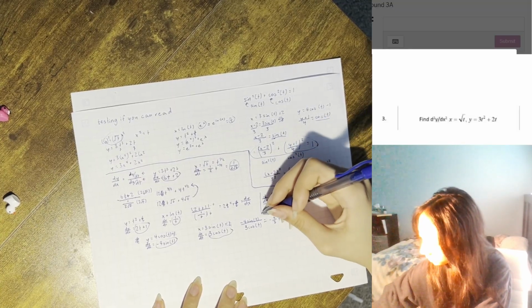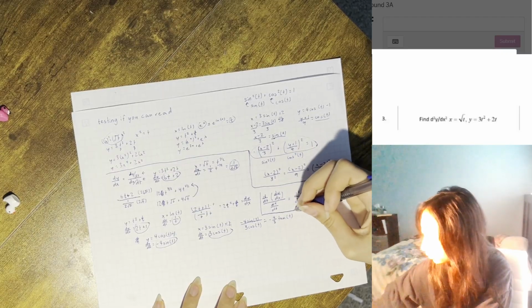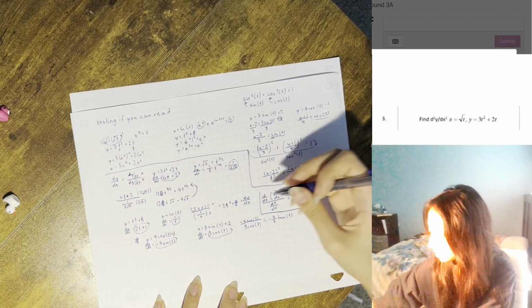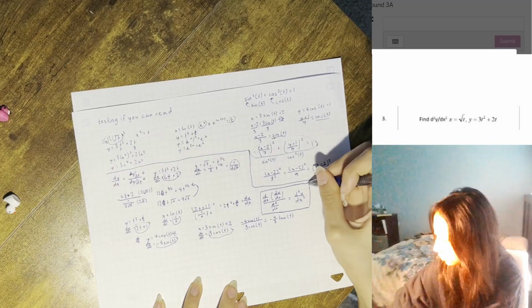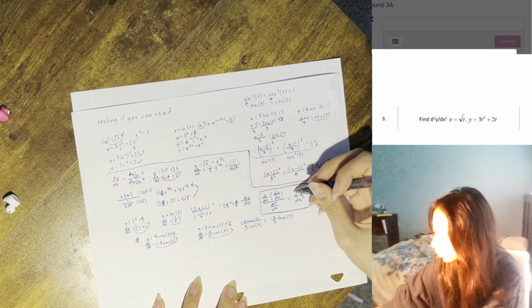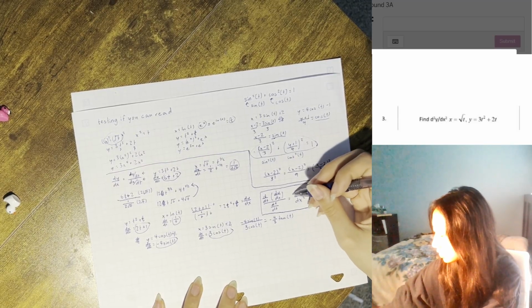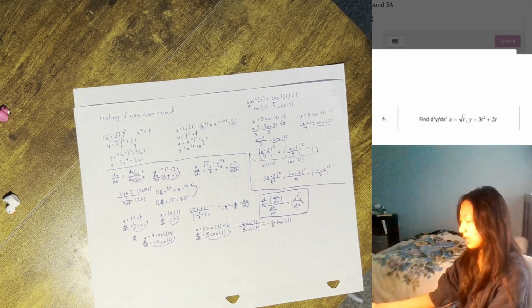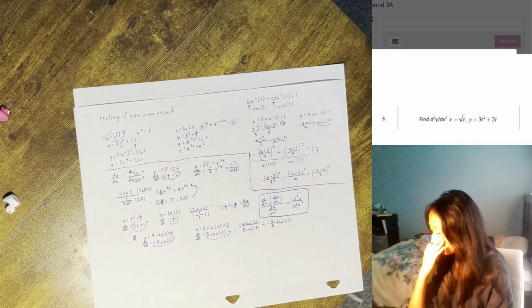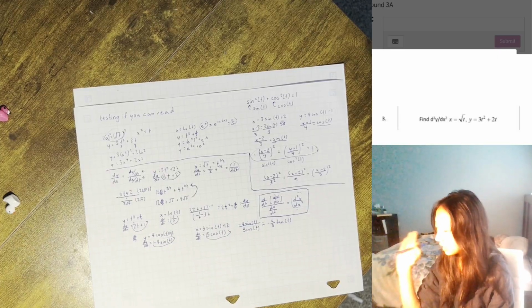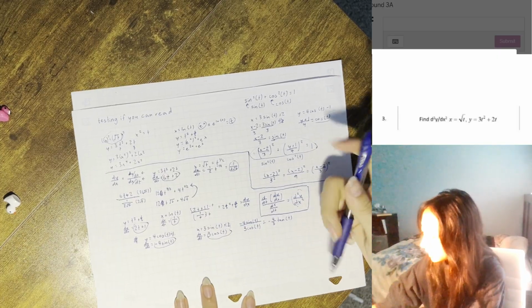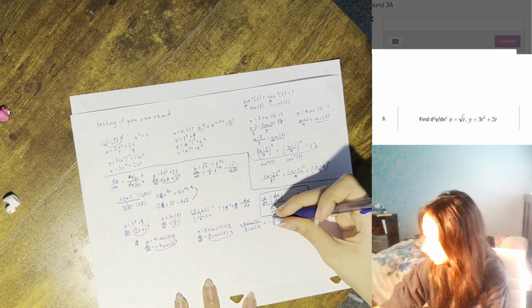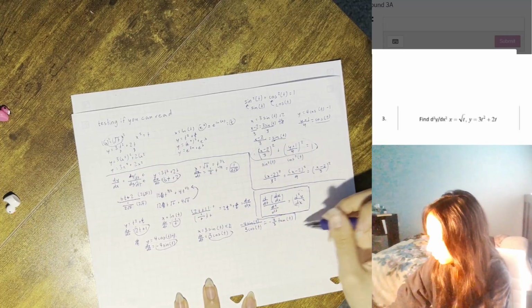And this makes a lot more sense if you go into Google and you find some Stack Exchange forum and you look into why we use this notation when we're writing out the second derivative. Then it starts to make more sense why we do it like this, but I'm not going to explain that whole thing right now. So in the meantime, you're just going to have to take my word for it. This is the formula we use.